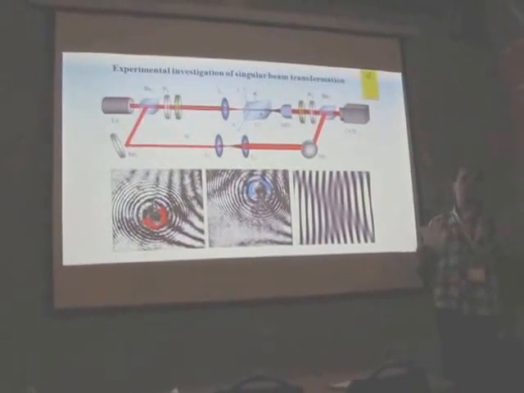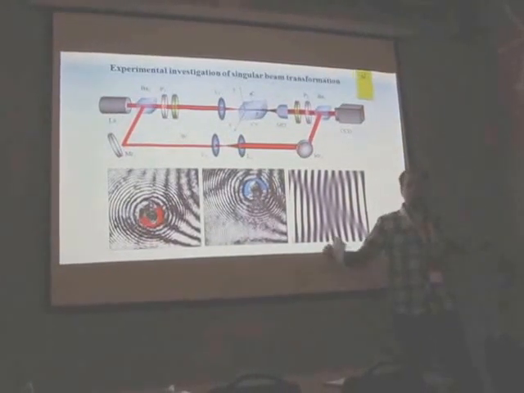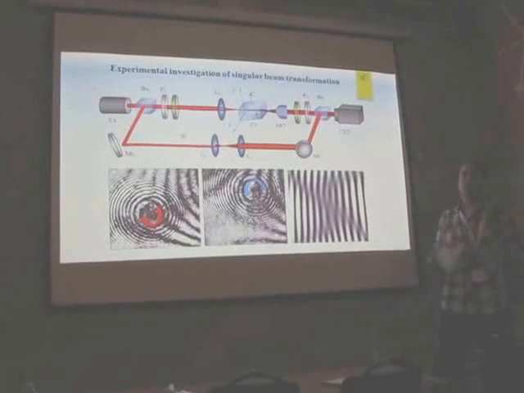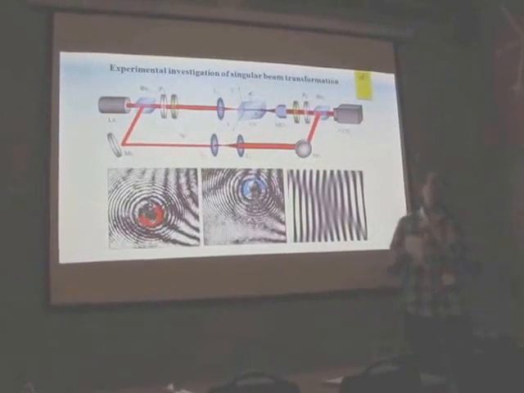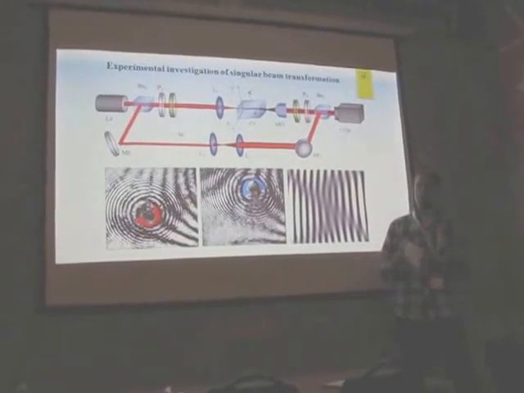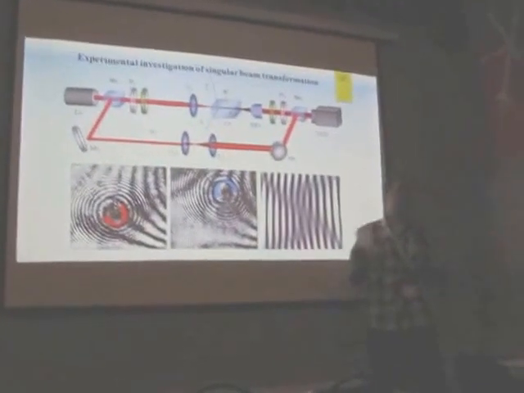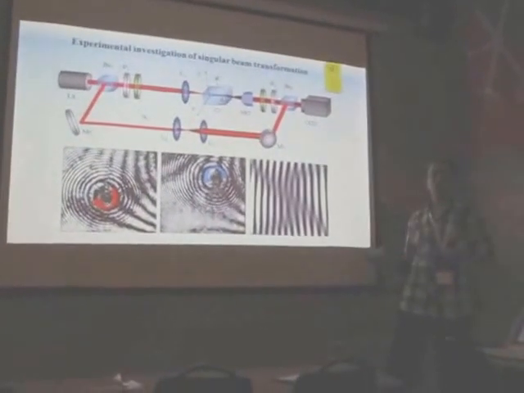A tornado has an area of low pressure and absorbs everything inside it. The vortex is the same structure, with a minimum intensity on its axis. It can absorb microparticles around the beam, so it may be used for optical trapping and optical tweezers, and is already widely used.